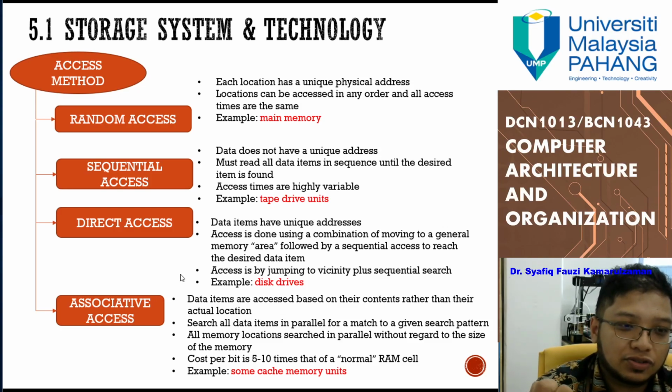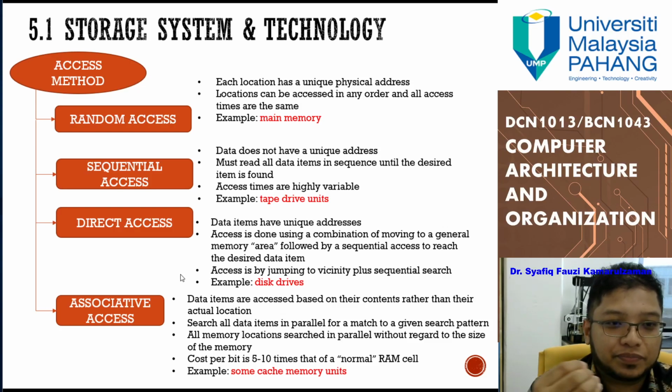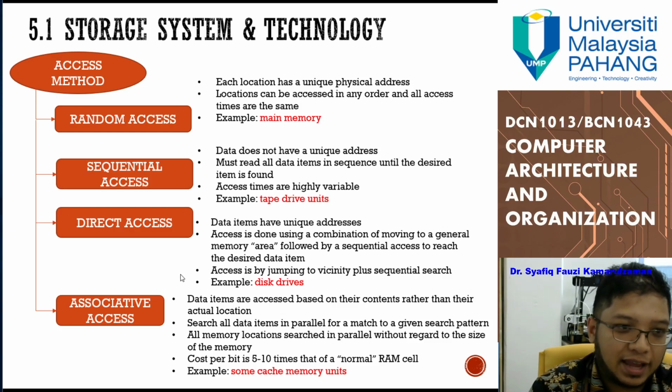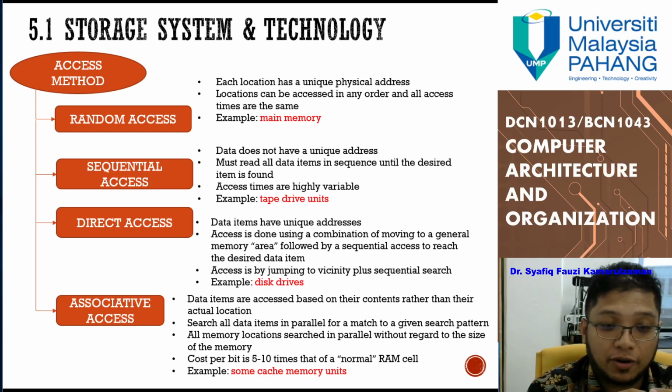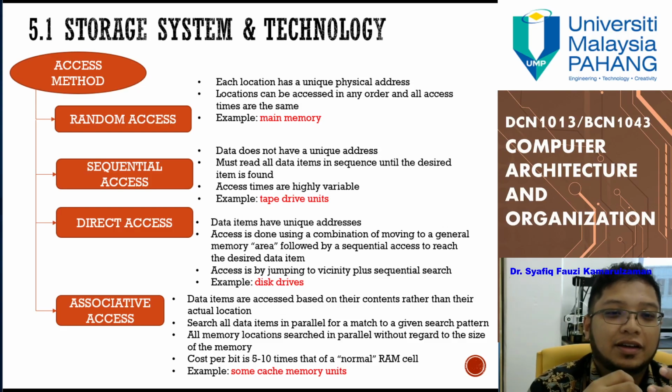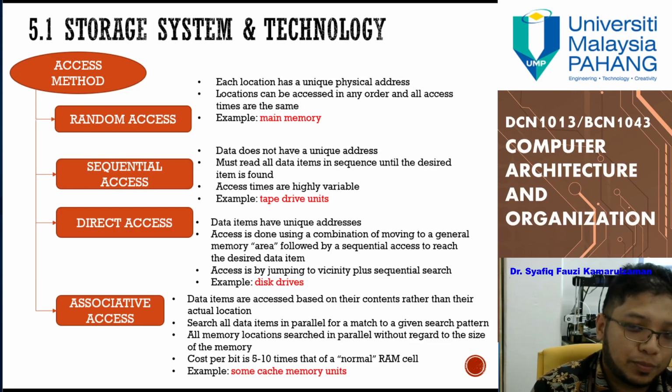So with direct access, usually they will jump to an area inside your hard drive. It means that it looks for the cupboard inside your hard drive instead of looking for the book directly.